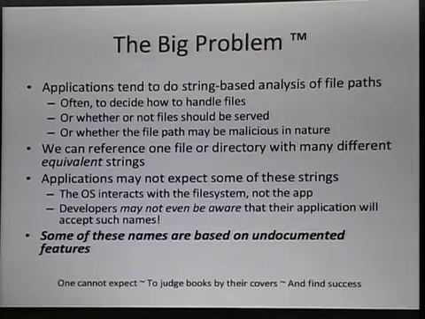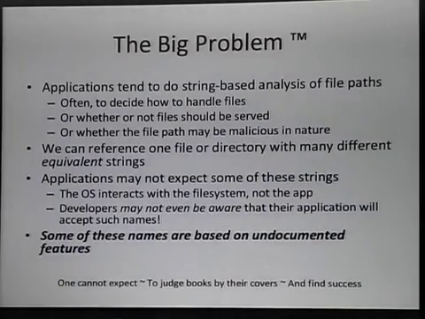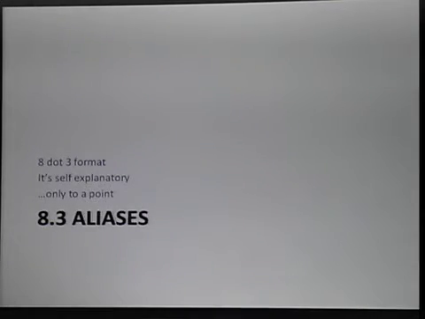And applications might not expect some of these strings because, well, I guess you'll see soon enough. Some of these are based on undocumented features, some of it's just weird stuff, and some of it's, you know, coming back to what usually bites Windows in the ass in terms of security: backwards compatibility. So let's start out with that.